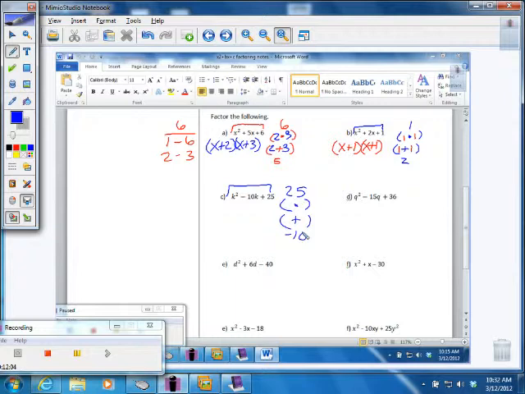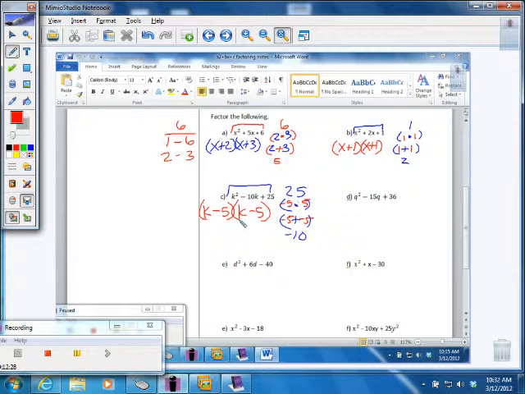Negative 5 and negative 5. My coefficient's 1, so this gives me k minus 5 and k minus 5. It is important that you write it twice. Just because it's the same thing, you can't write it once, that is not the same thing. You should be able to multiply these back together and get this. We did the same thing if you put squared.